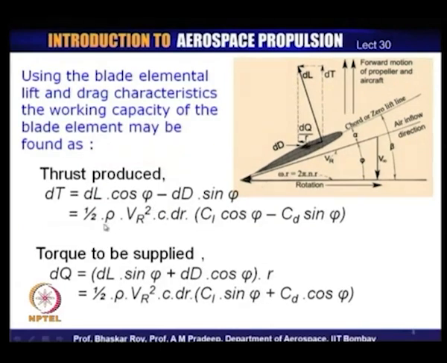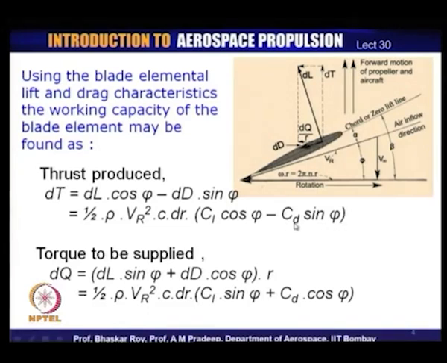So, in this thrust creating equation, rho is the density of the air which is in operation, which let us say is invariant from root to the tip of the blade. On the other hand, as we have seen from this diagram, Vr would vary from root to the tip of the blade, C would vary from root to the tip, and dr, the elemental length, could be the same for each and every element. The CL value would vary from root to the tip depending on the airfoil section you are using.